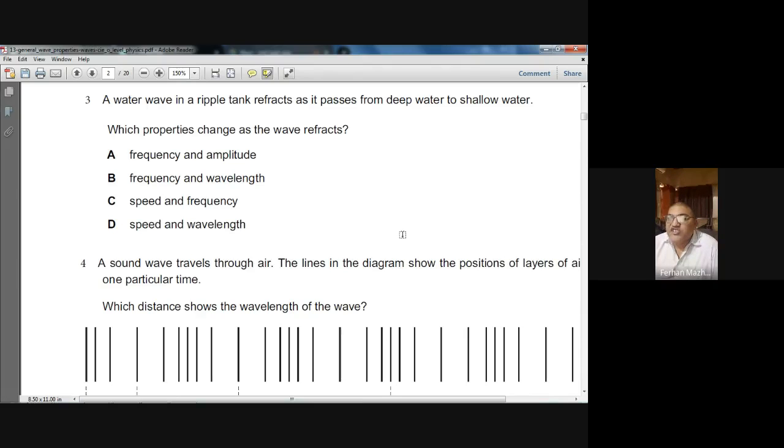So the right choice is D, speed and wavelength. Frequency remains unchanged.